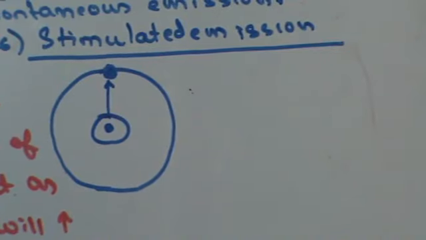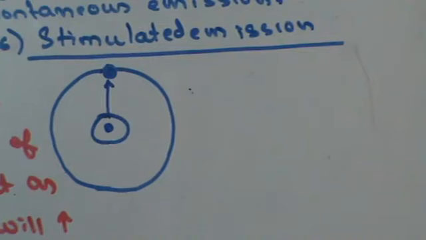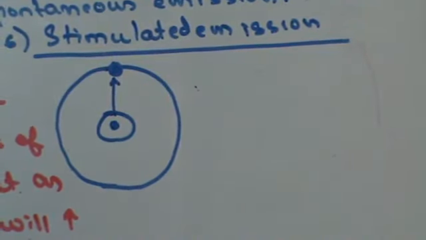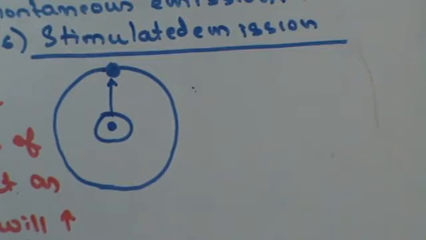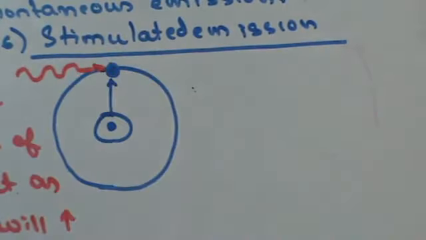Now I am going to target this electron with an external photon whose frequency is equal to (E2 minus E1) upon h. Externally I am giving this. So suppose a photon of correct energy from some external source collides with the atom. So this is the photon and it collides.